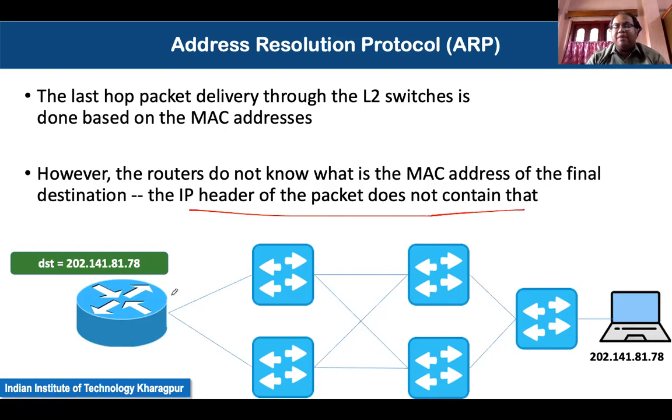So if you look into the IP header of the packet, it will only contain the destination IP, that is 202.141.821.78. But you do not know the MAC address of this particular machine. And you need the MAC address to use layer 2 forwarding. We'll see in a while how it is done to forward that packet over the set of L2 switches.